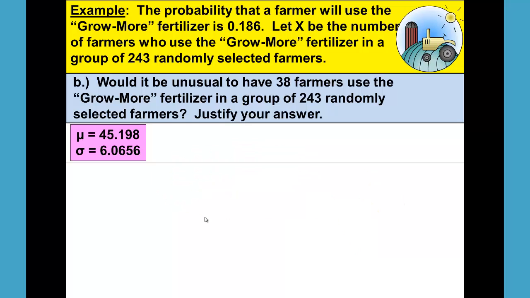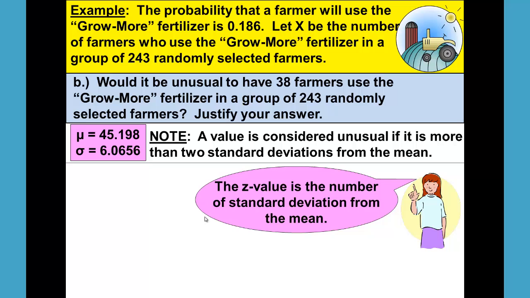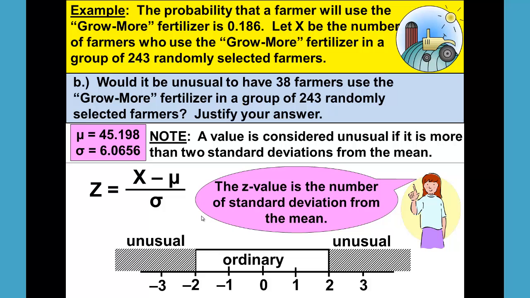Remember our mean and standard deviation from Part A. Note a value will be considered unusual if it is more than 2 standard deviations from the mean. The z-value is the number of standard deviations from the mean, and z equals x minus the mean divided by the standard deviation.